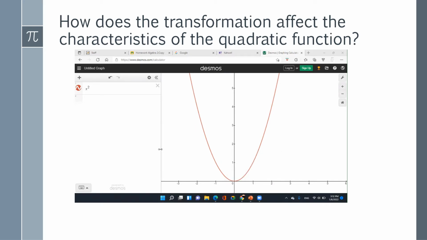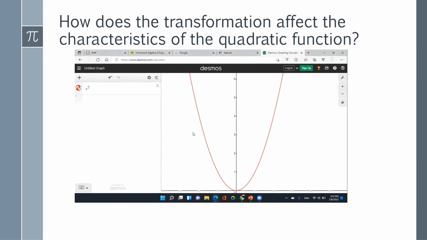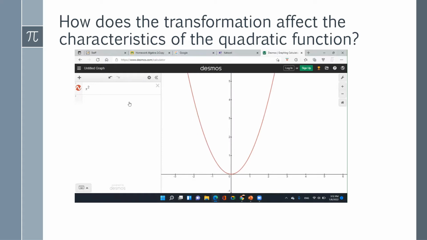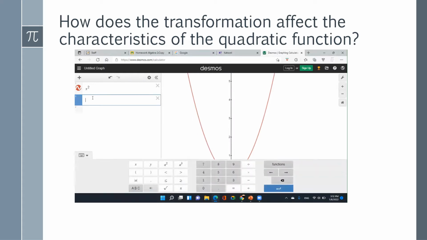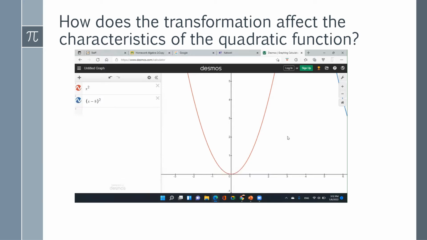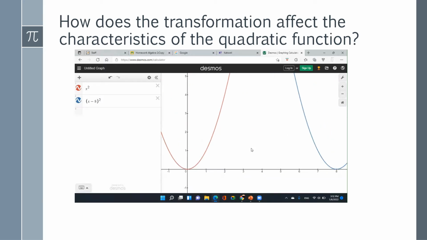Guys, although this video is a bit quiet, you see me in Desmos playing. So you see me looking. The red is the original function. I'm currently creating the transformation function. Alright, so let's have a look-see.